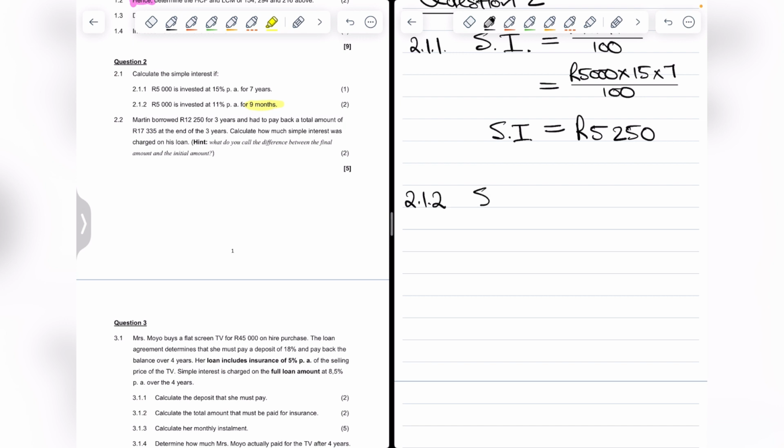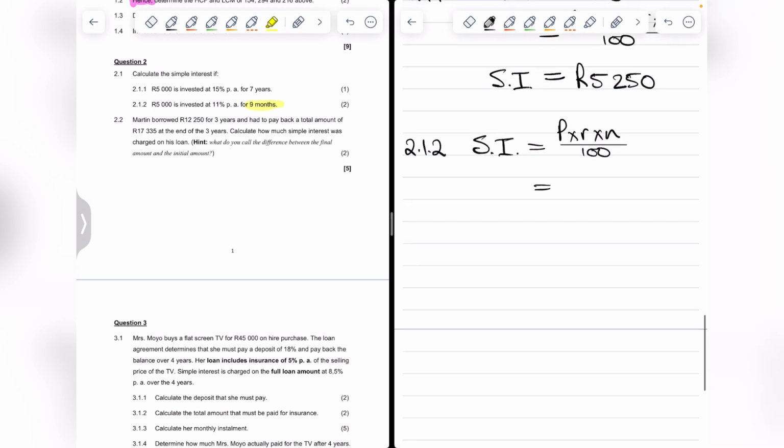So I will still say SI, simple interest, is equal to my P times R times N over 100. And substituting, I've got my 5,000 multiplied by 11.